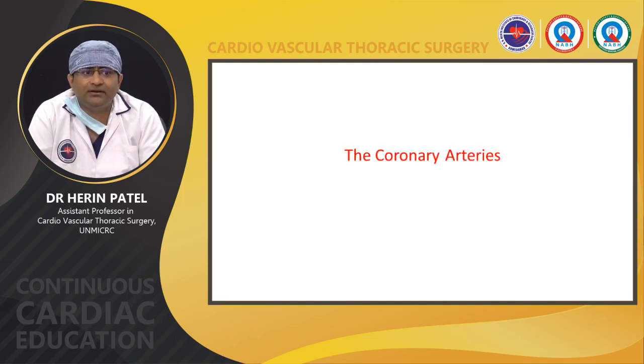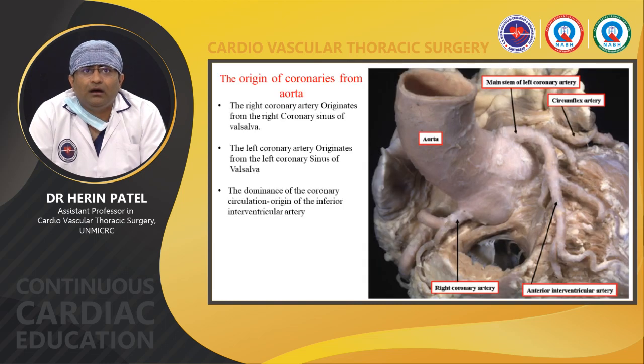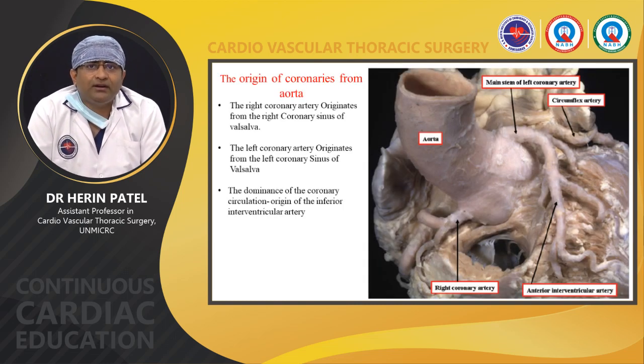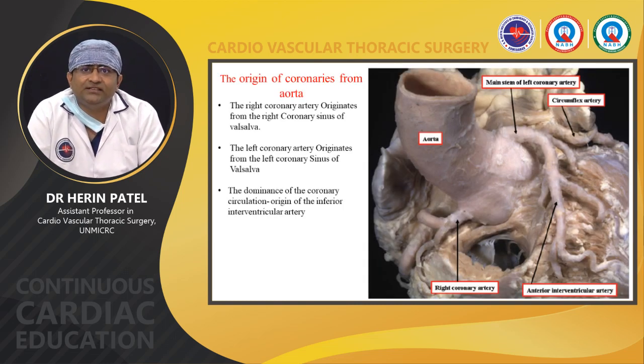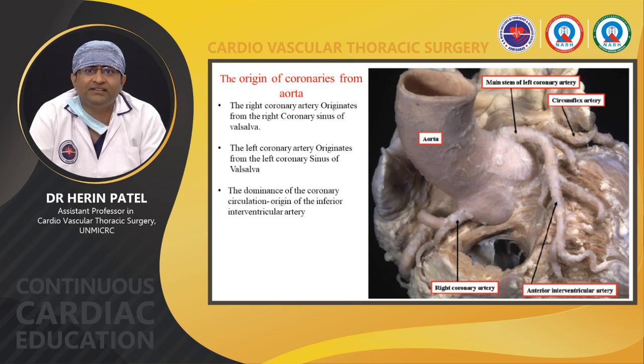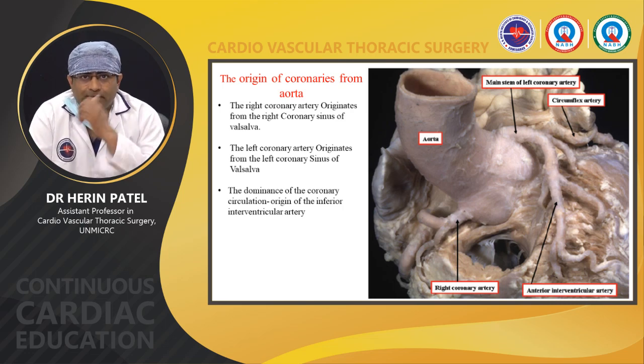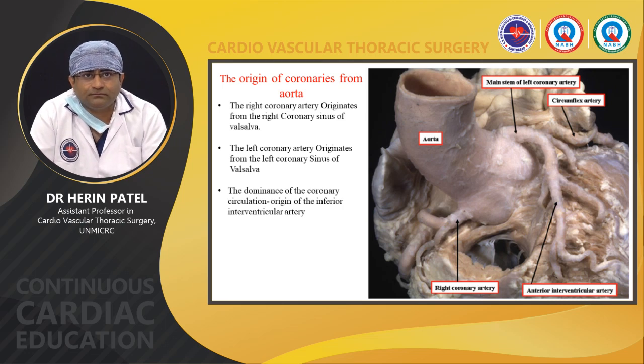The coronary arteries. The right and left coronary arteries are the first branches arising from the aorta, chiefly from the right and left sinus of Valsalva. Now you see the right coronary artery arising from the right sinus of Valsalva, and the left coronary artery arising from the left sinus of Valsalva.